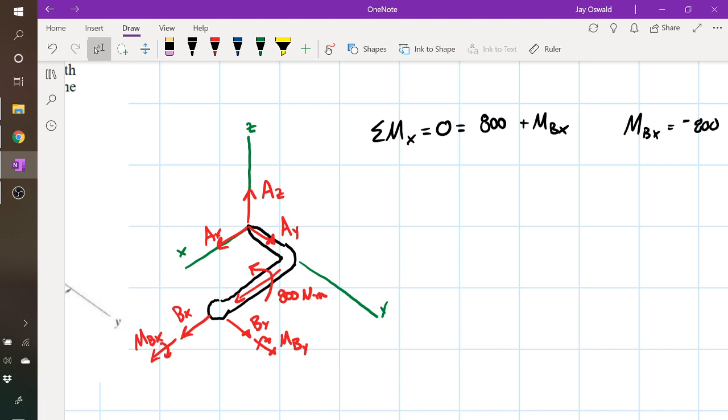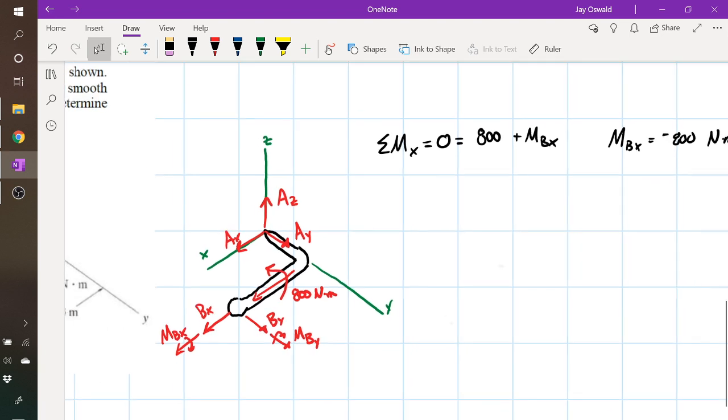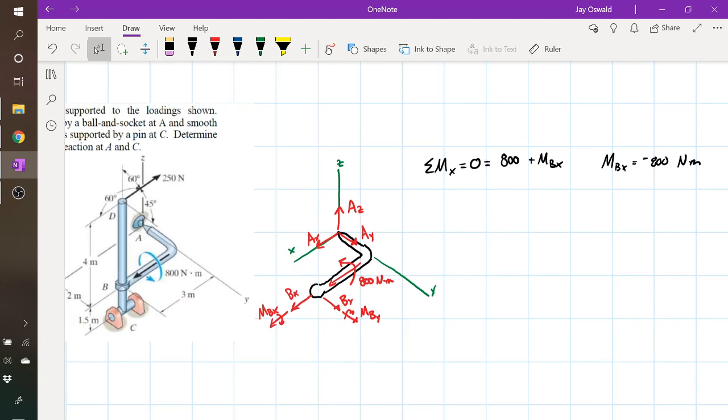Anything else we can do? I really want to write out moments about Z, right? But I'm not sure I want to do it. So if I write moments about Z, it's going to give me a relationship between BX and BY, right? So we could do that. But let's put some dimensions in. So my X distance is 3 meters and my Y distance is 2 meters.